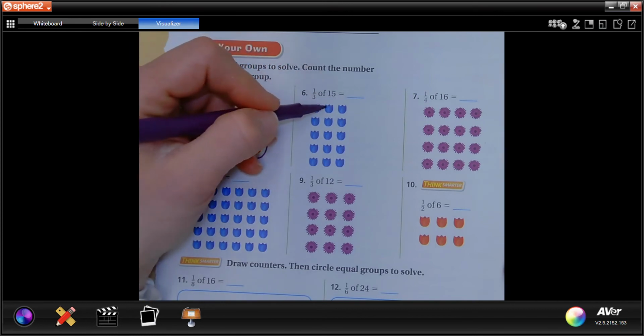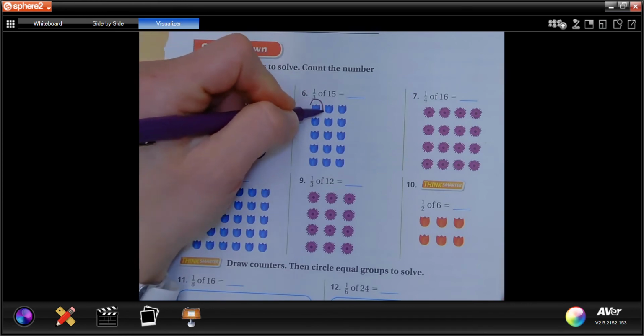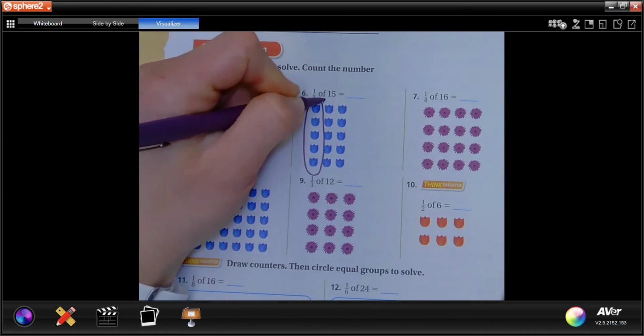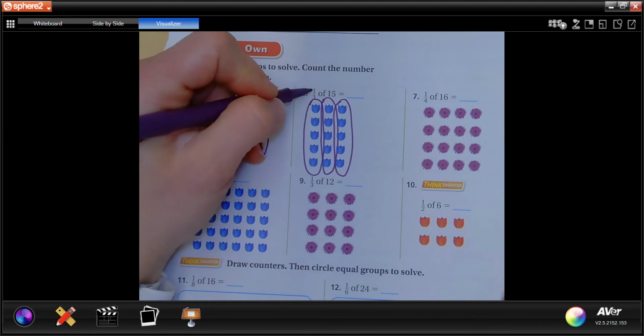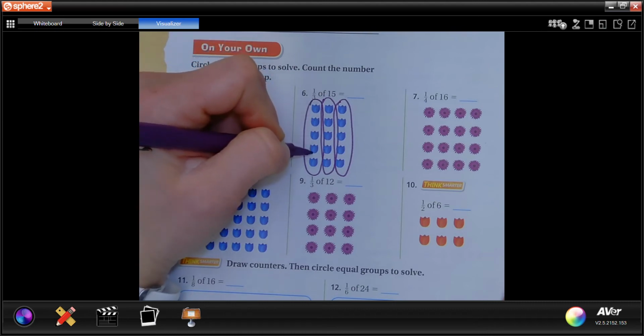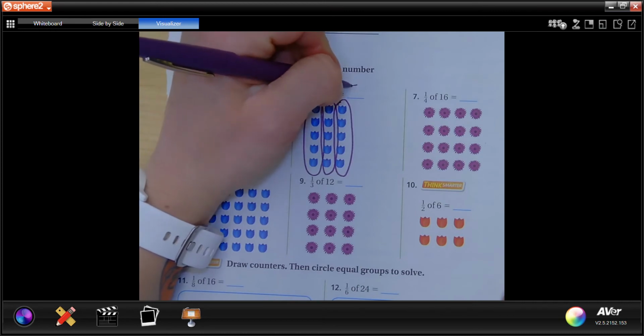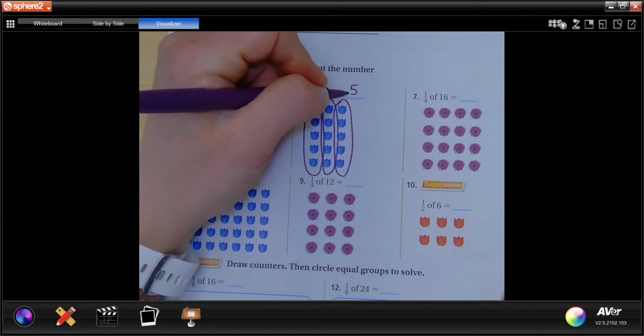We have 1, 2, 3 columns that are equal of tulips, so we're going to split those. 1, 2, 3. We need to know what's in one of those 3 groups to know what 1/3 of 15 is. 1, 2, 3, 4, 5. 1/3 of 15 equals 5.